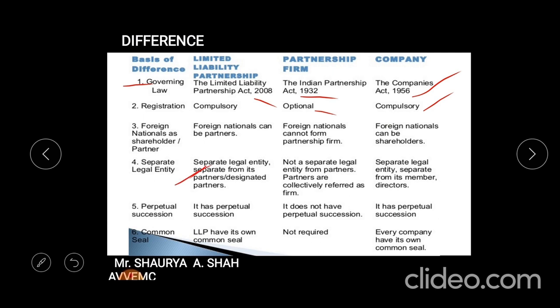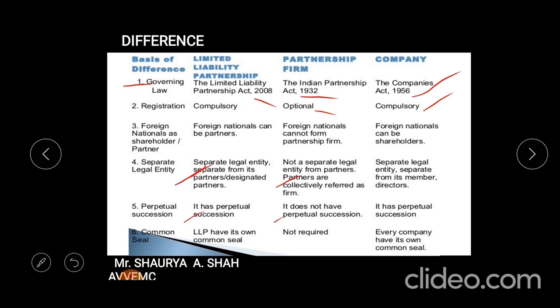Partnership form does not have a separate legal entity from the partners. And in your company form you have a separate legal entity. Perpetual succession: again LLP has perpetual succession as it is a separate legal entity. Partnership form does not have perpetual succession.